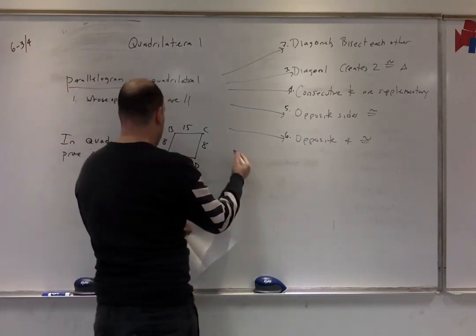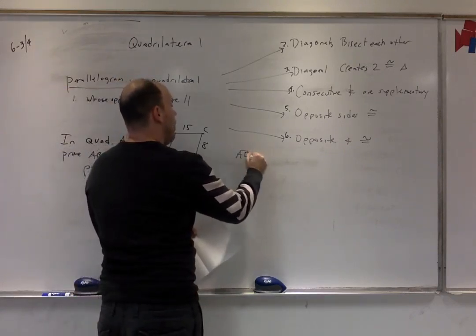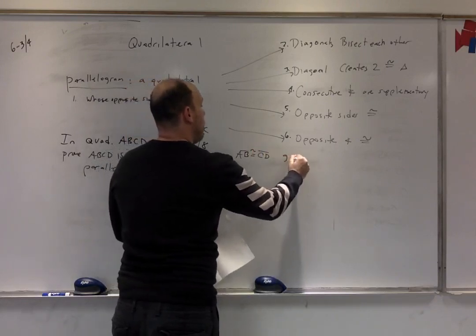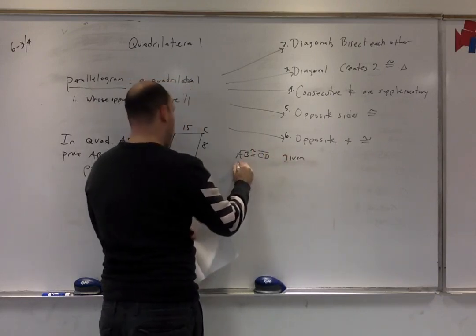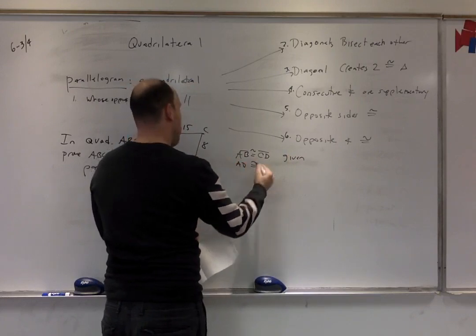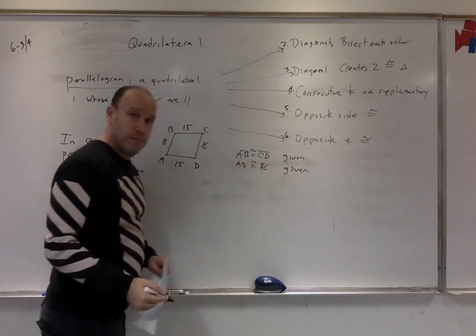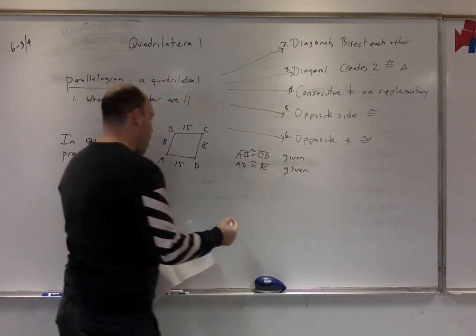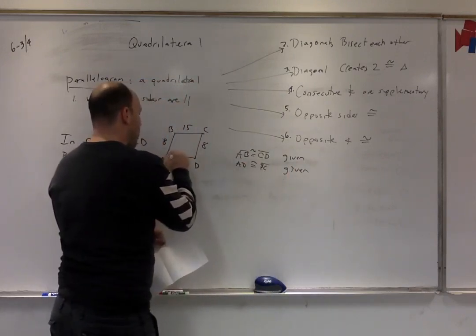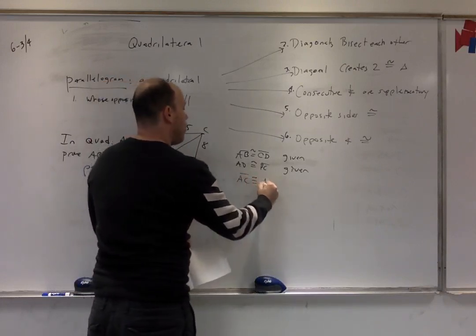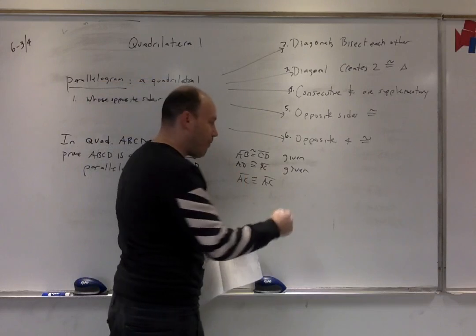Step 1 says AB is congruent to CD, given. We know that AD is congruent to BC, given, right? What else do we know? I'm going to draw a diagonal in here. I know that AC is congruent to AC. Why? Reflexive.